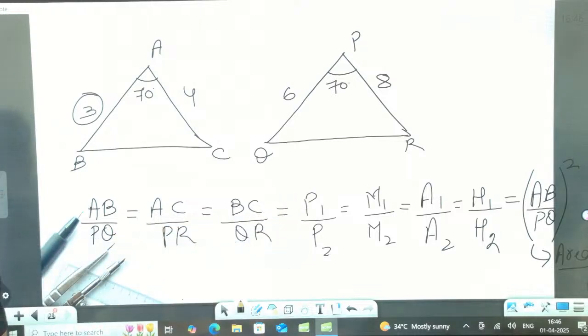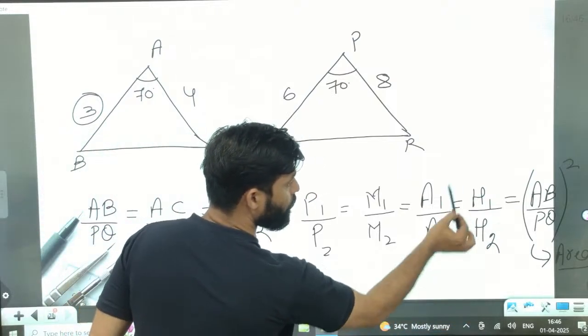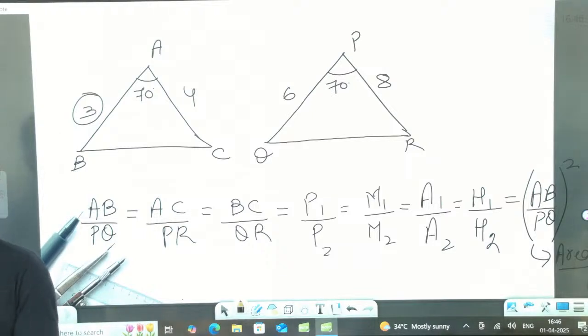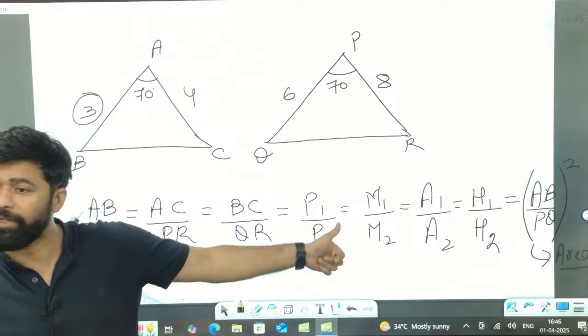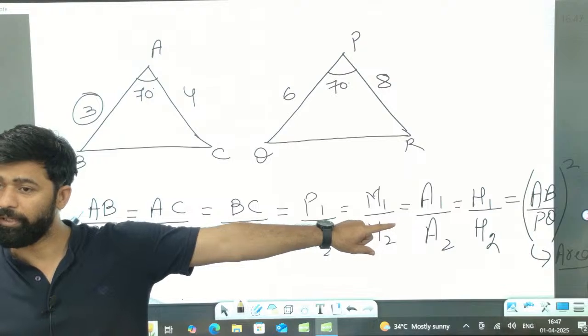Just remember the concept that we used in cone when we took a cross section there. We used height in that question. If I square the ratio of the heights, I will get the ratio of their areas. If I square the ratio of their medians, I will get the ratio of their areas.